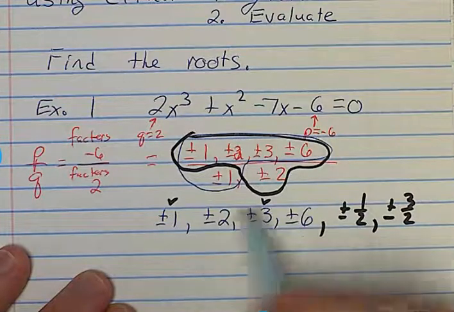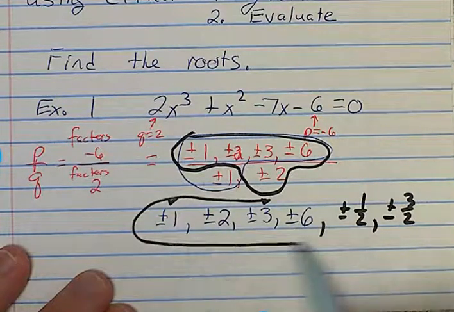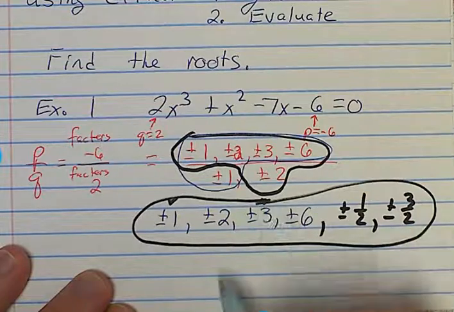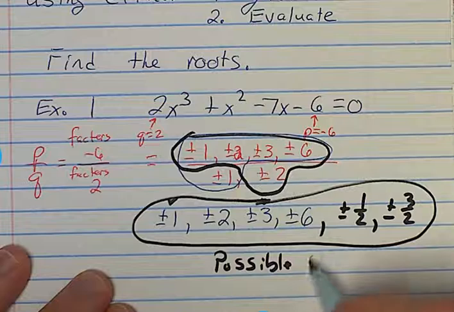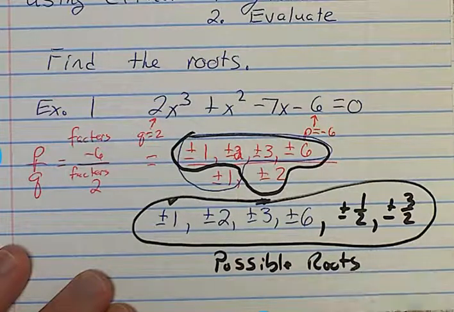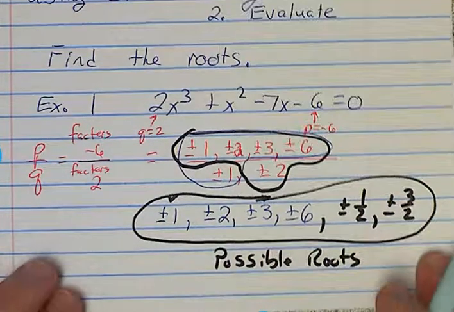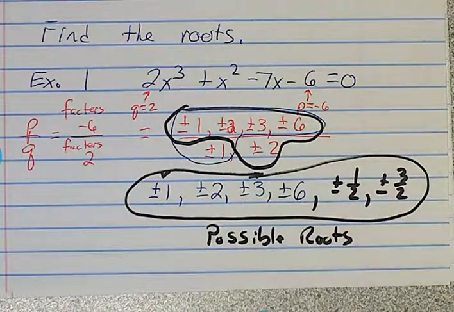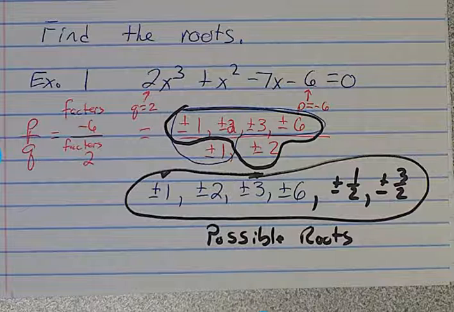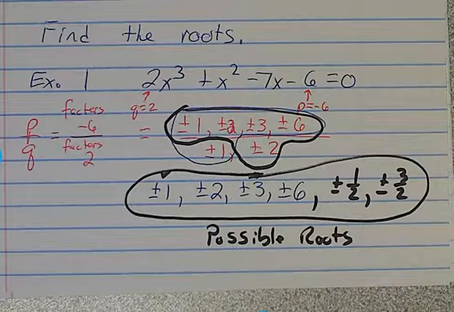So here's all the possible solutions, or that's all the possible roots. Now, up till now, that's where we stopped. We said just list off all the possible roots to see what we're going to do. Here's all of our possible roots.